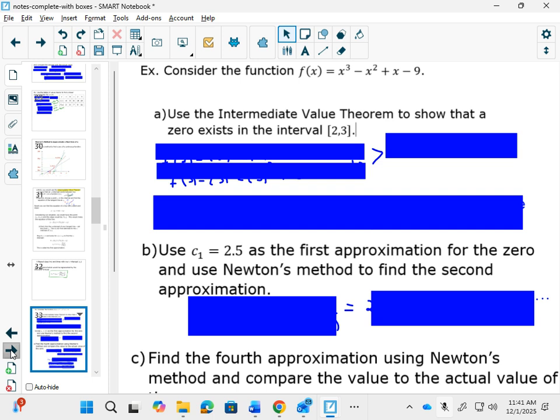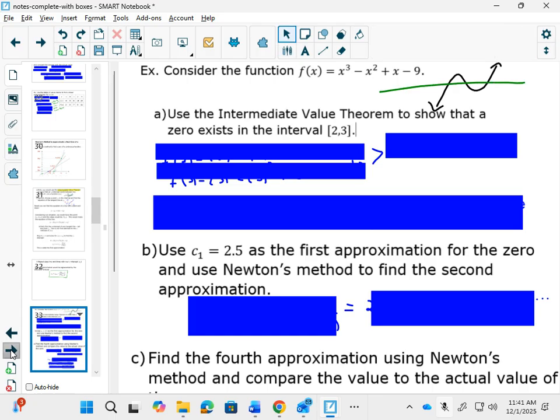There, we have an x cubed graph. You know what an x cubed graph looks like? It starts bottom left and ends up top right, doing something like this. And somewhere, I don't know where, maybe this has 3 x-intercepts.